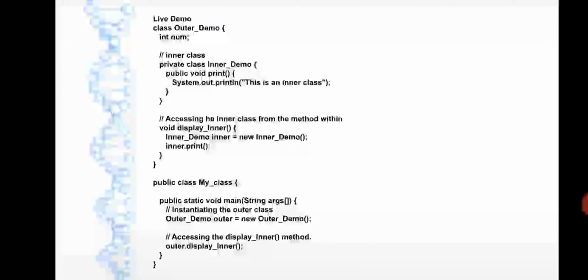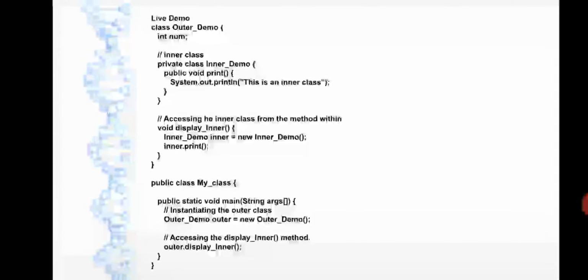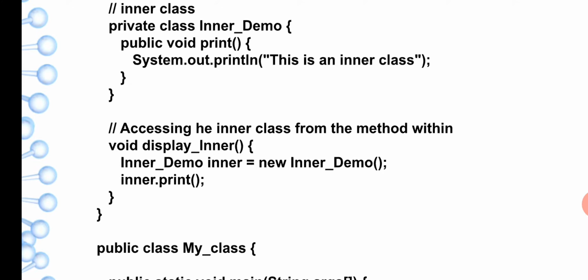When you call it, the control comes directly to the display underscore inner method, and inside that you create the object for the inner underscore demo class and call the print method using that object. Obviously the output will be, this is an inner class.